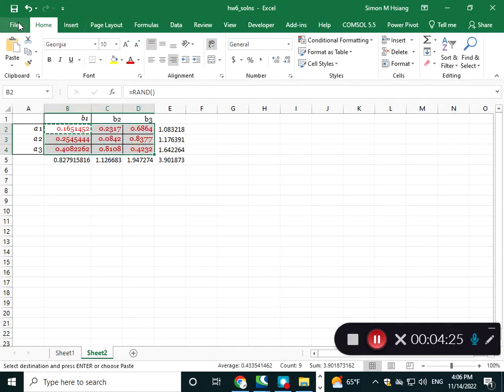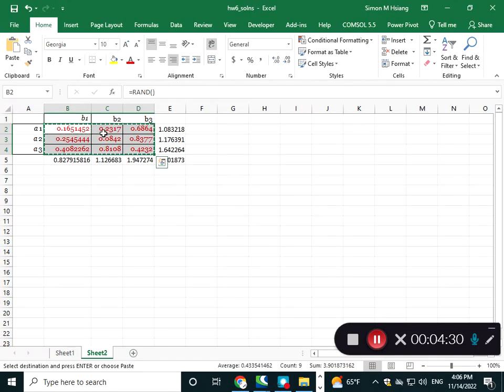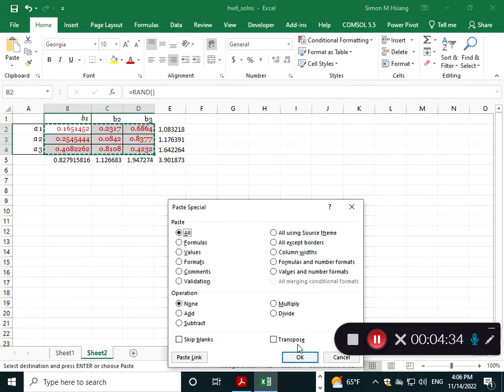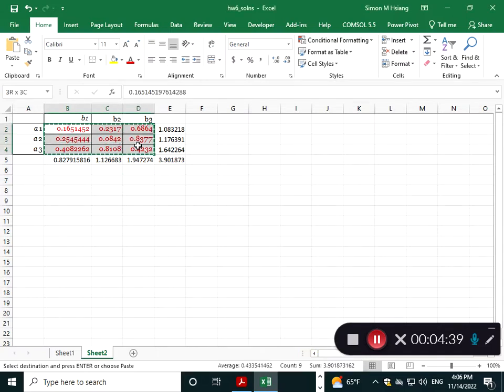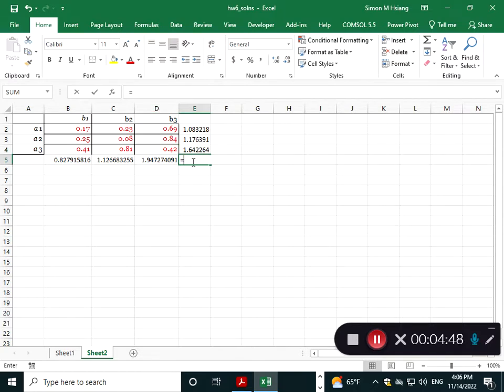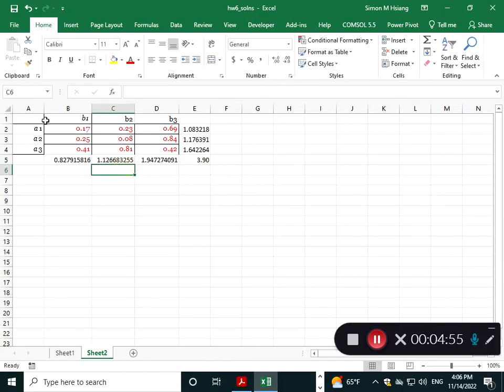Control C, paste special values. Okay, this has got nothing to do with what you do.